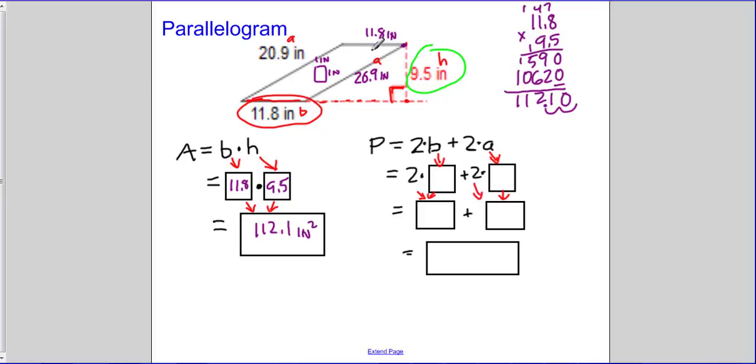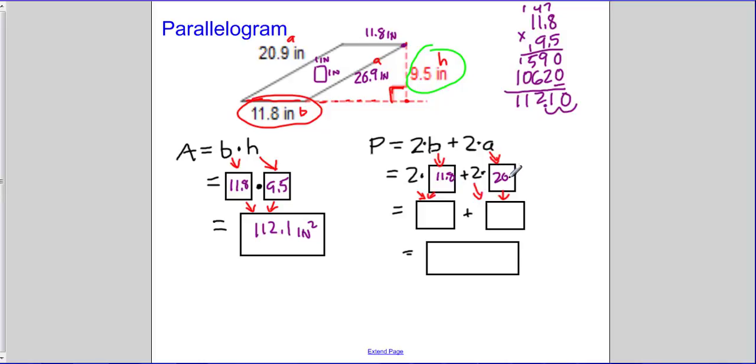And then the perimeter is, the height is not part of the actual parallelogram in this case. The perimeter is going to be determined by the length of the sides. So 11.8 is B, and the other side is 20.9.